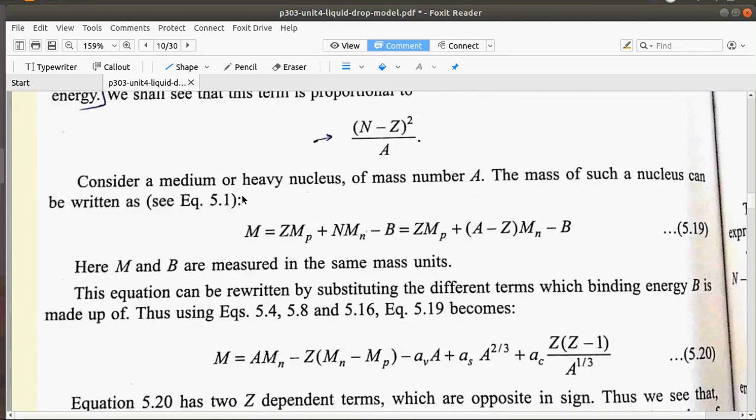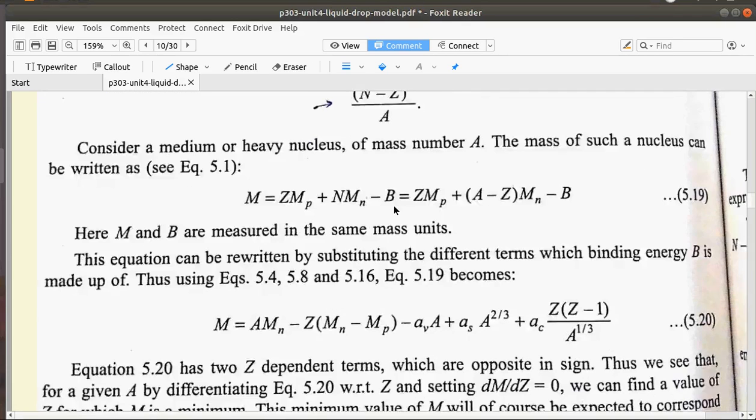We consider a medium or heavy nucleus of mass number A. The mass of such a nucleus can be written as, we already found this formula, M is equal to Z Mp plus N Mn minus B, where B is the binding energy. So substituting all the values for binding energy, in place of B we replace by Bv, Bs and Bc.